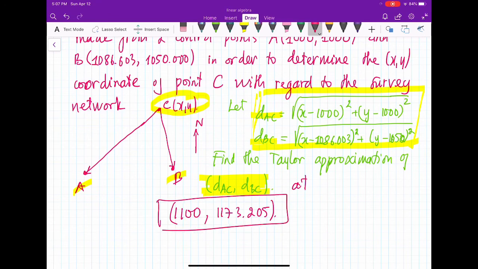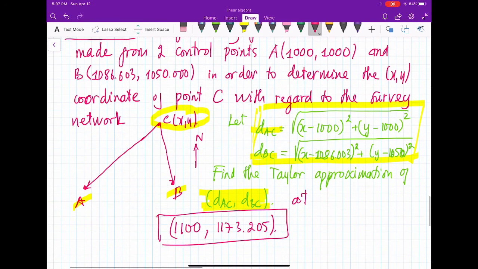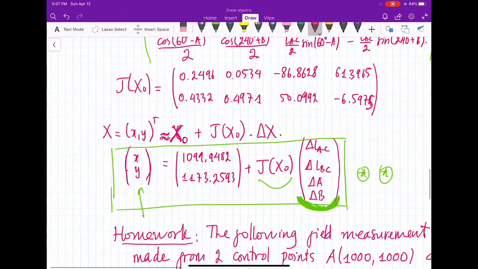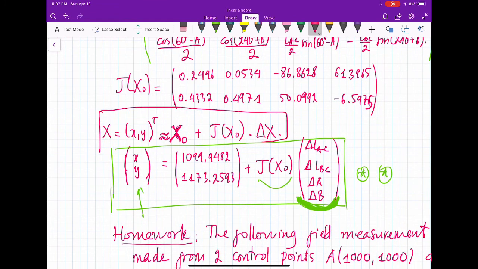So you have a point, you have functions right here. That means from here you can write the vector function. So you can find the Jacobian and apply the formula right here to find the linear approximation.